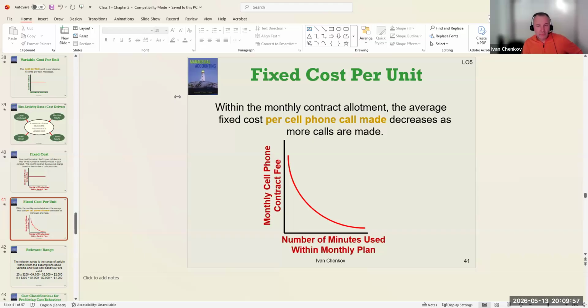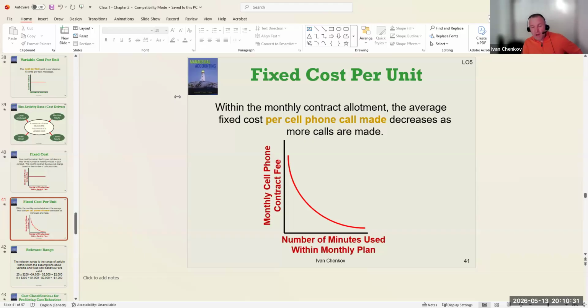How about if you send two text messages? It's going to be $25, correct? How about if you send 10 text messages? So what's your incentive? How can I reduce that cost per text message? By using it unlimited.